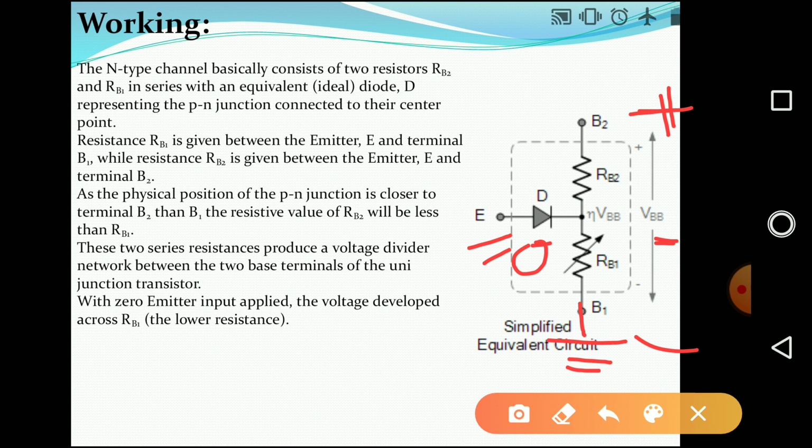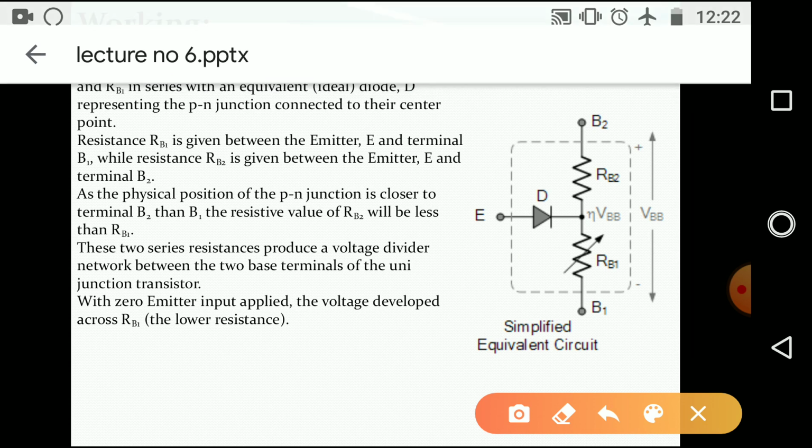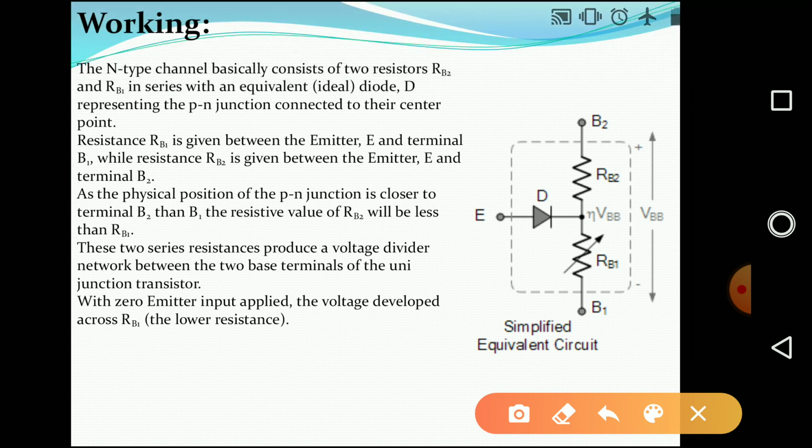negative at B1. As the supply is applied, there is a voltage drop across both the resistances RB2 and RB1 when the emitter is kept at a 0 input voltage. Next, as there is a voltage developed across RB2 and RB1, the UJT remains in the off condition only. To make the UJT turn on, we need to connect the supply across the emitter to B1.